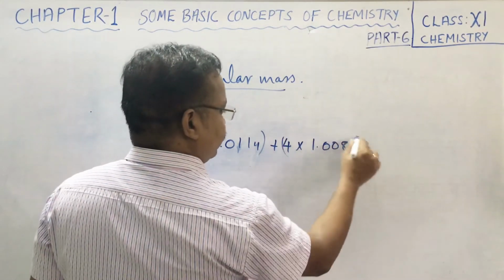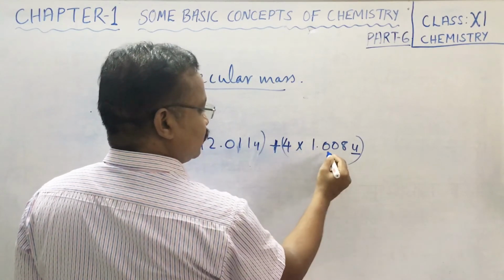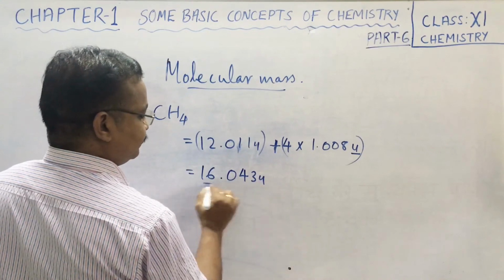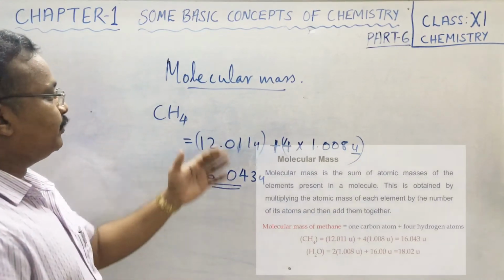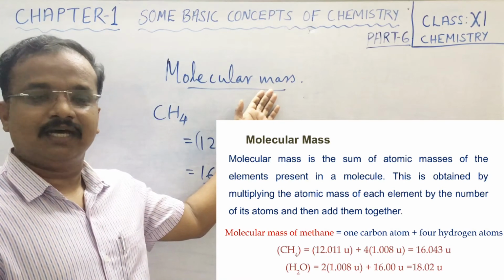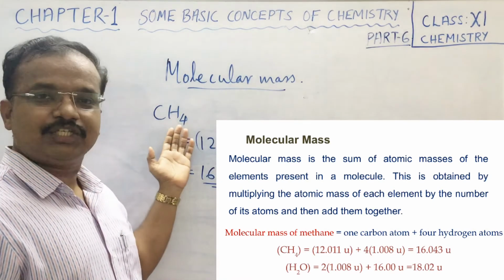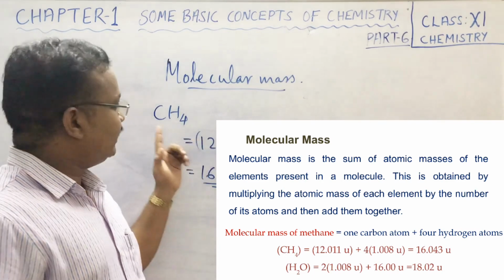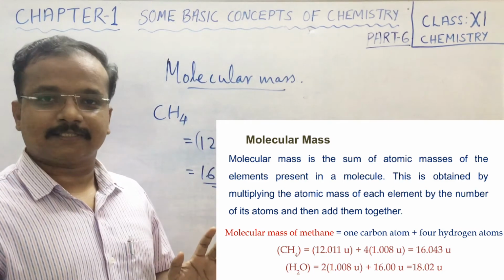So 4 into 1.008 plus 12.011 gives 16.043 U. So children, what you have to understand is that molecular mass is the total of the masses of each individual element present in the molecule.